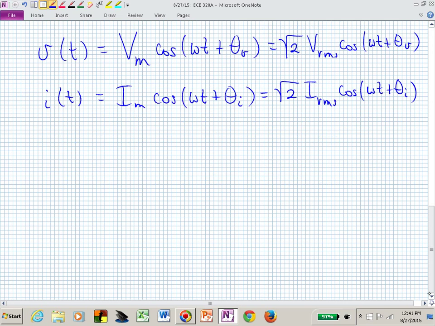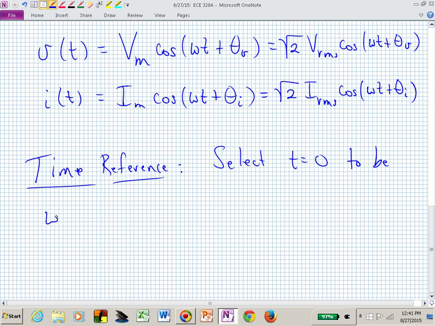I'm really not doing too much other than establishing a time reference to make the analysis a little cleaner. I select t equals 0 to be when the current peaks.